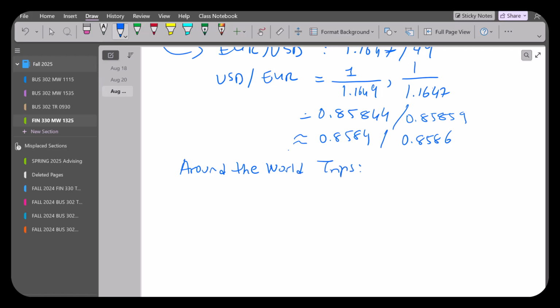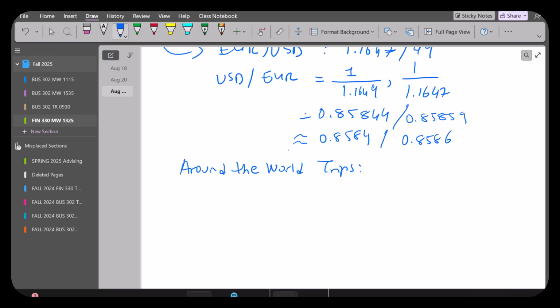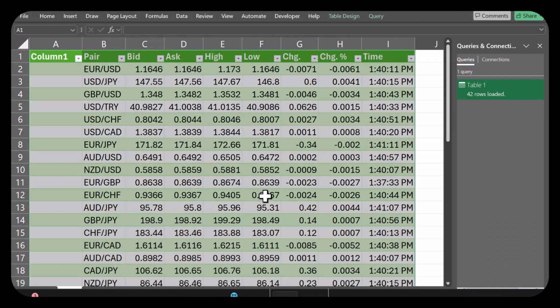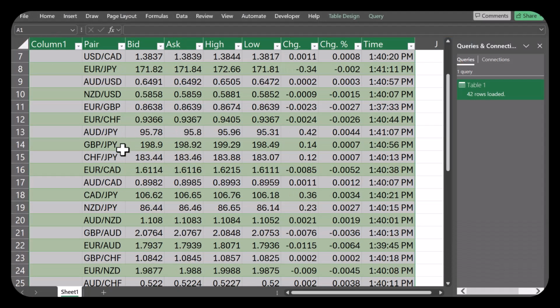Let's see. I mean, certain pairs are already there. For example, I have Euro Swiss franc is already there. So there's a market for it. I don't have to worry about it. What if I was interested in, let's see, of course, it's updating right now.